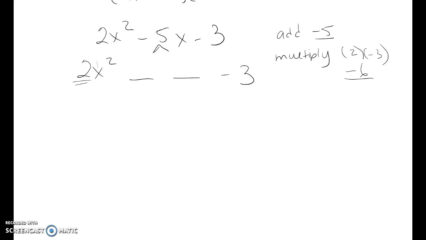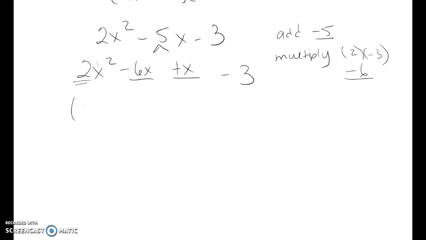Now somehow we have to put those numbers together to add to a -5 but also multiply to a -6. I think I would want to do a -6x and a +1x. I think that will work because when I add those together, I get the number in the middle, and when I multiply them, I get this -6, and that's the goal number.